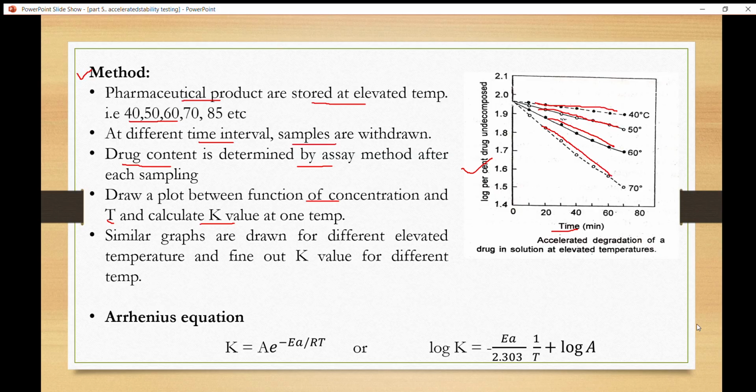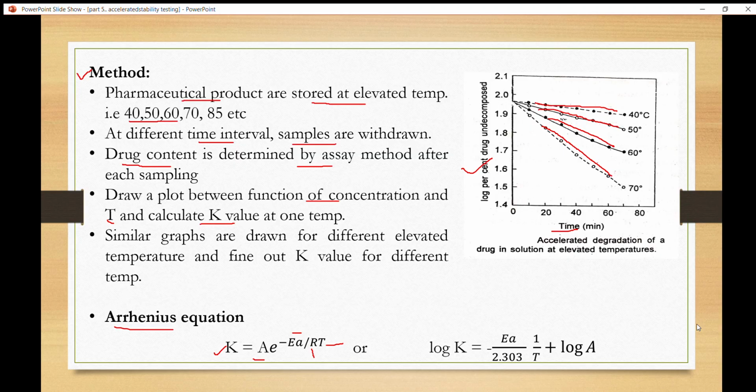Then this stability testing mainly depends on the Arrhenius equation, and this equation is K equals A into exponent of minus Ea upon RT, where K is the specific rate constant, A is the Arrhenius factor, Ea is the activation energy, means energy required to start the reaction, R is the ideal gas constant, and T is the absolute temperature in Kelvin.